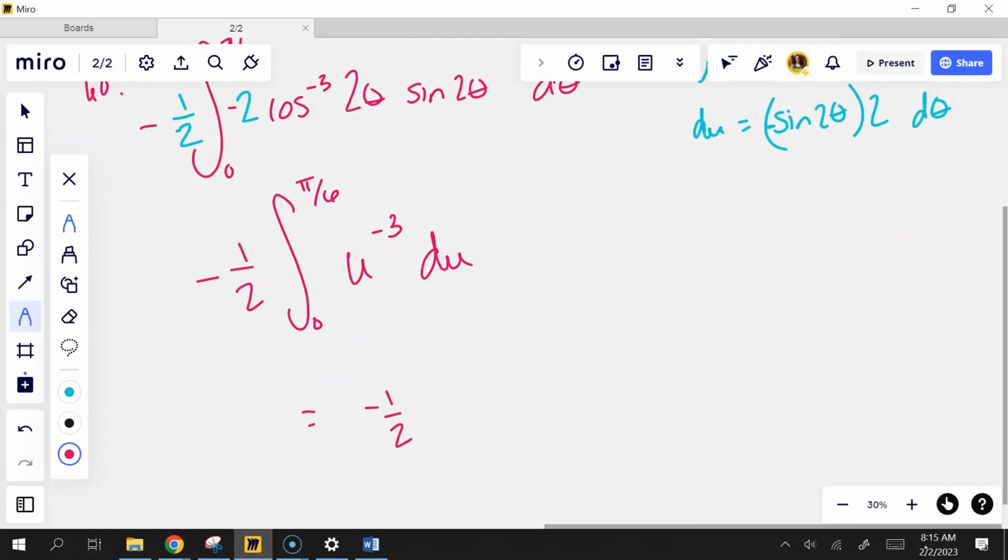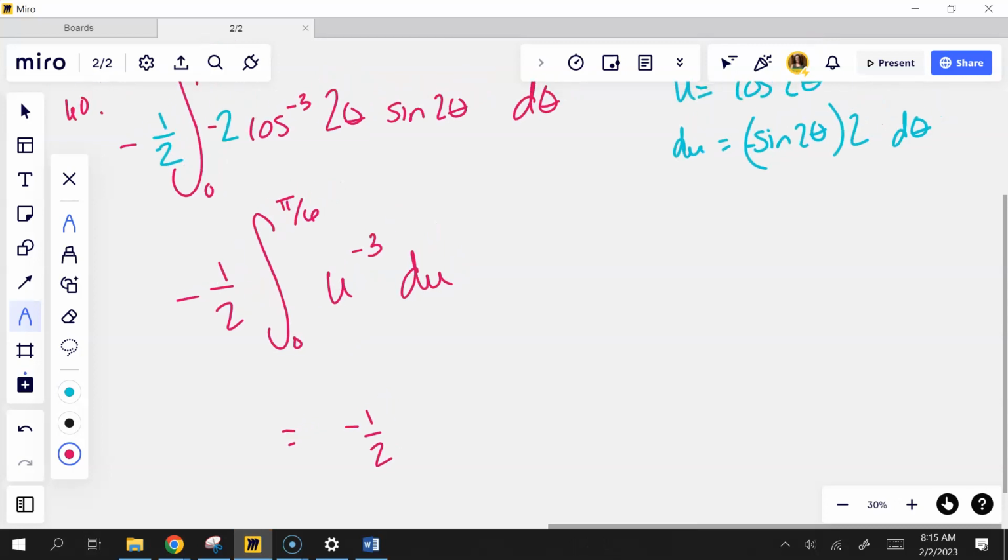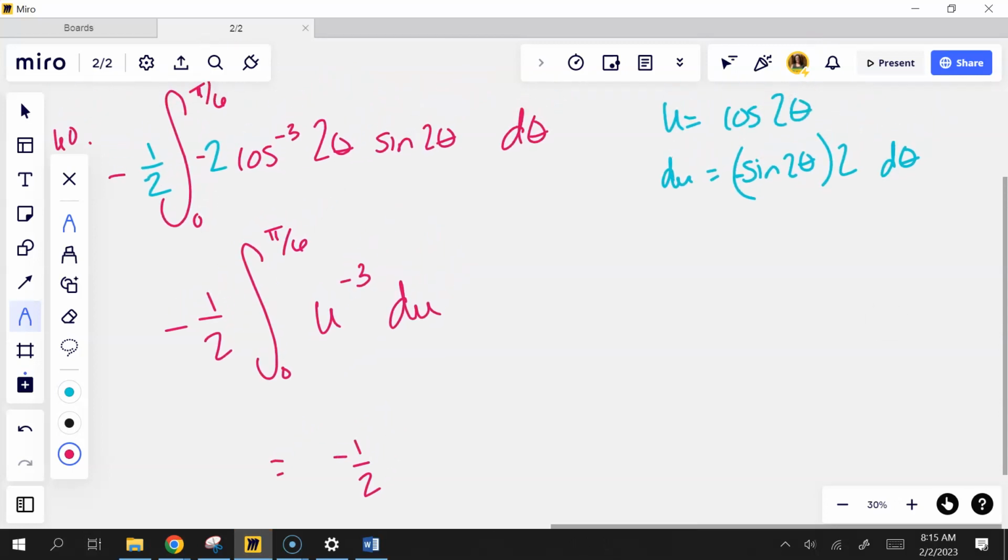So negative 1/2. Oh, I need to adjust these bounds also. I prefer adjusting the bounds. What do y'all prefer doing? I would rather do that. All right, so this one's going to become cosine of 2 times pi over 6, which is cosine of pi over 3, which is 1/2.